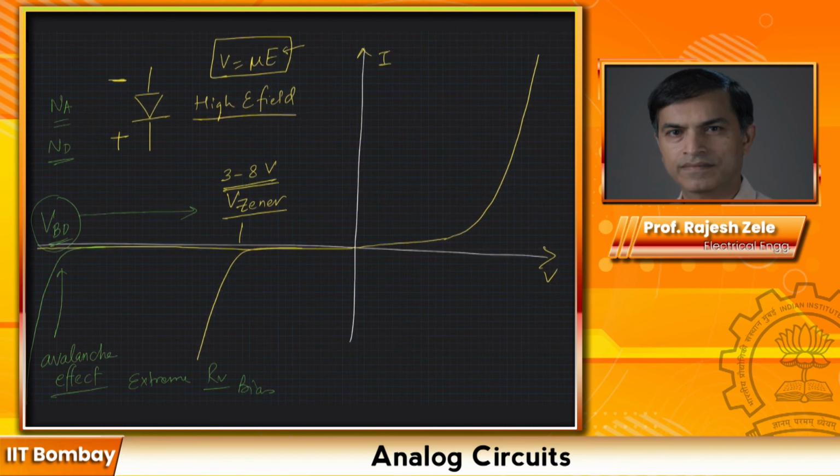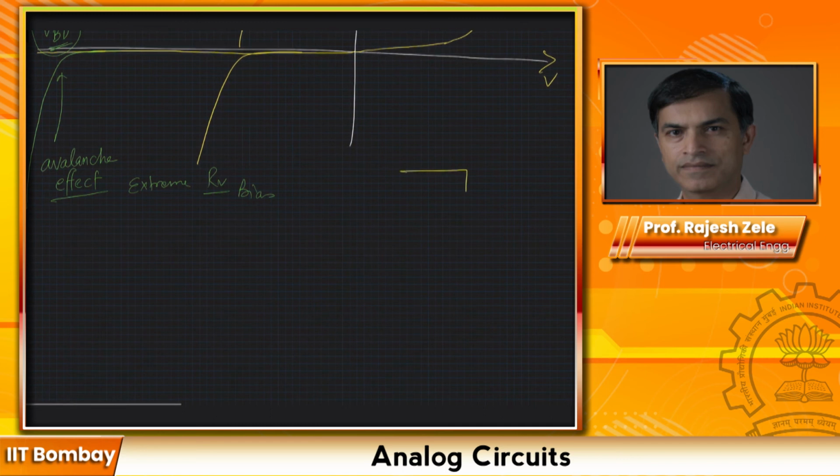Now, the key part you have to remember in both these effects is you have to limit the amount of current flowing through the diode. What I mean by that is, if you just take a diode like this, and apply a reverse bias potential like this, VR, which is an ideal voltage source, as soon as I take this reverse bias potential beyond a certain value, there will be a huge amount of current flowing in this diode in this direction.